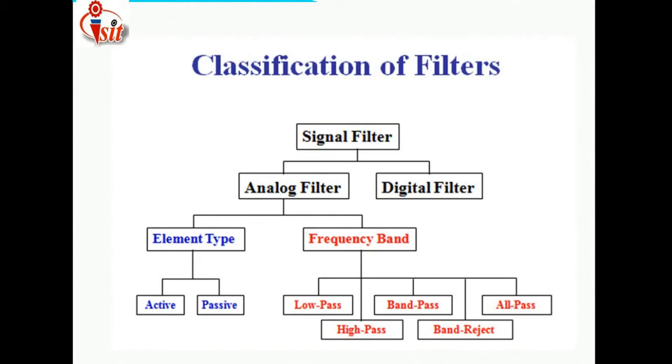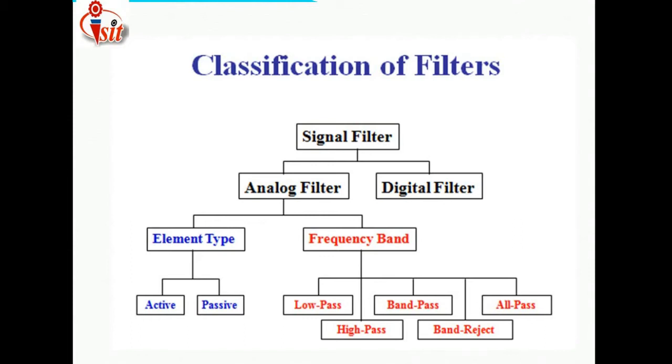Again, according to the classes and types, here I have shown you the classification of filters. In the classification of filters, different categorizations are given. First, signal filtering. In the first slide we saw that filters are designed for filtering purposes, removing any kind of noise present in the signal.